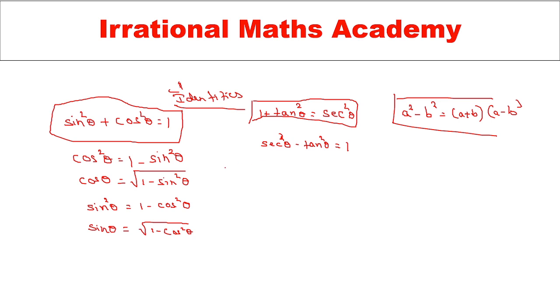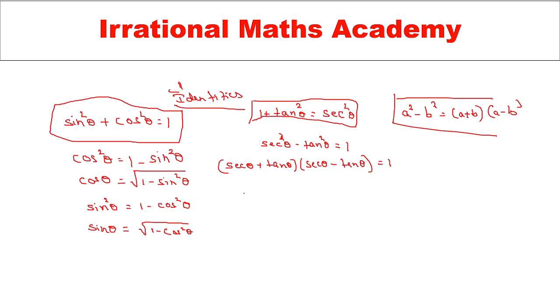So if it is in the form of a square minus b square, can I write it as secant theta plus tan theta into secant theta minus tan theta. A square minus b square equal to 1. I can write it as a plus b, a minus b. So this is what I wrote.